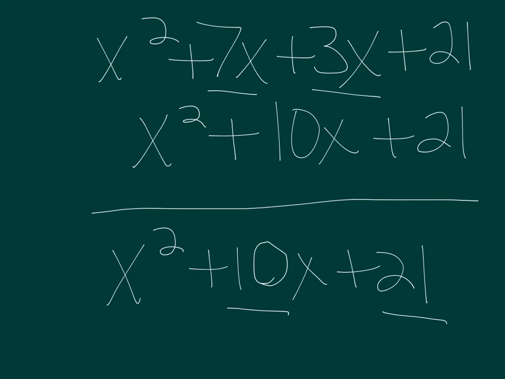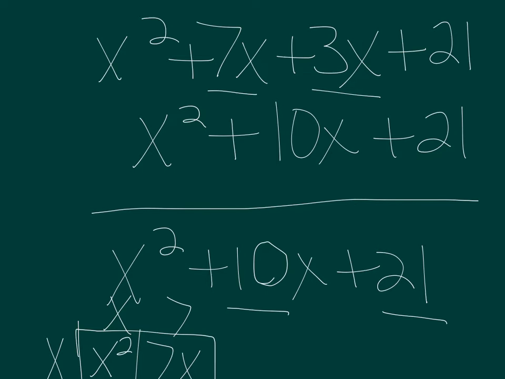Now, yet another way to do this, a third way, is the box method. You can make a box. You can put x, 3, x, 7, and multiply these. X times x, x squared. 7 times x, 7x. 3 times x, 3x. 7 times 3, 21. What does that become?